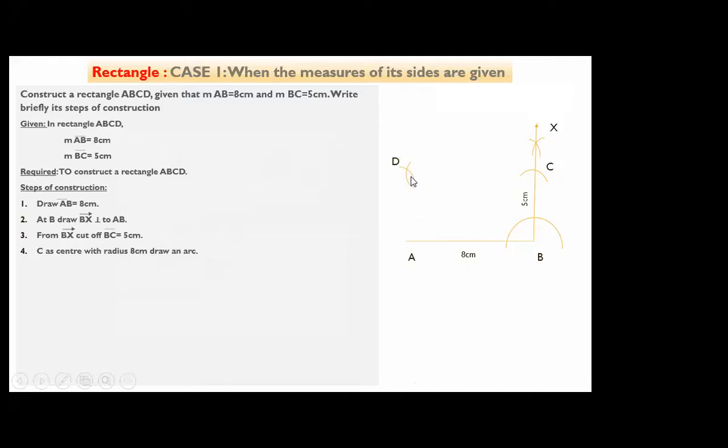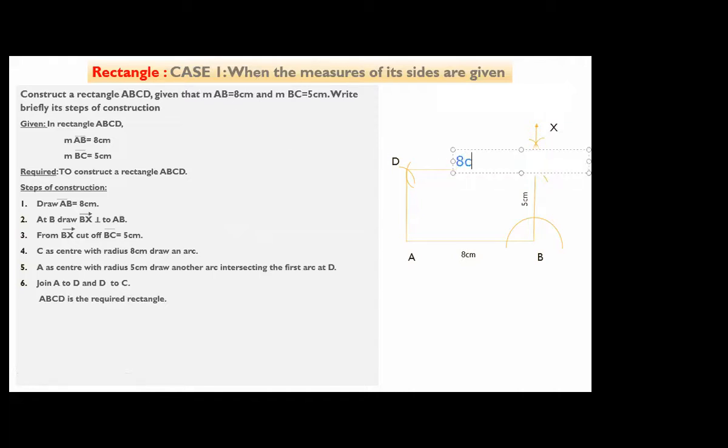Now A as center with radius 5 centimeter, draw an arc which intersects the previous arc at point D. Then join C to D and A to D. ABCD is our required rectangle. Okay, finally you can write down 8 centimeter over here, right? And you can write down 5 centimeter over here properly, right?